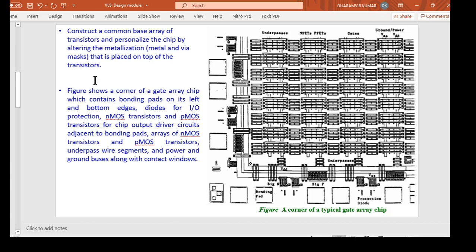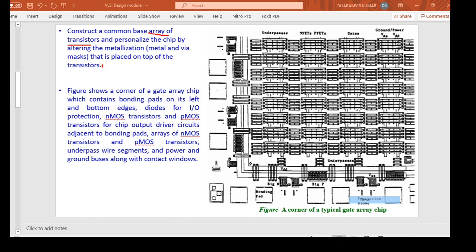So construct a common base array of transistors, and personalize the chip by altering the metallization, metal and via masks that are placed on top of the transistors.